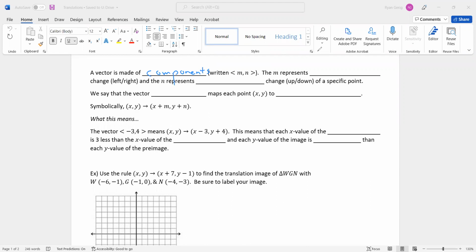The m represents horizontal change, so left and right. Probably guess what the n means. Vertical change, so up and down, of a specific point.